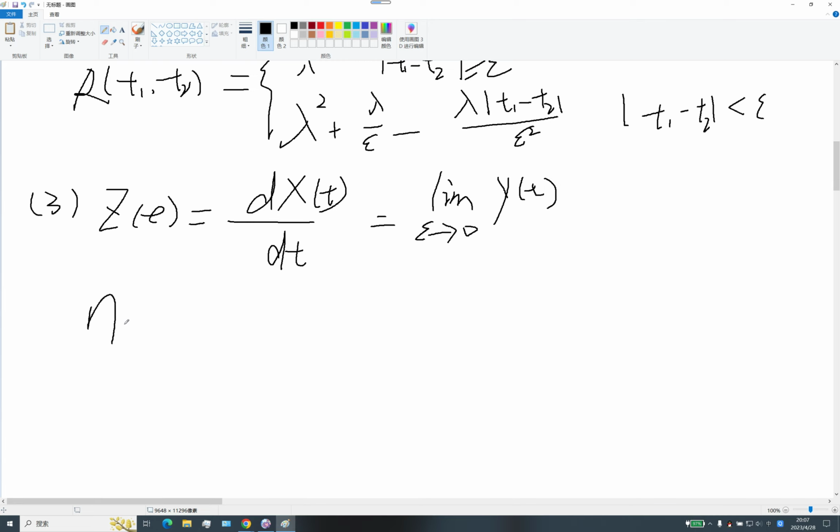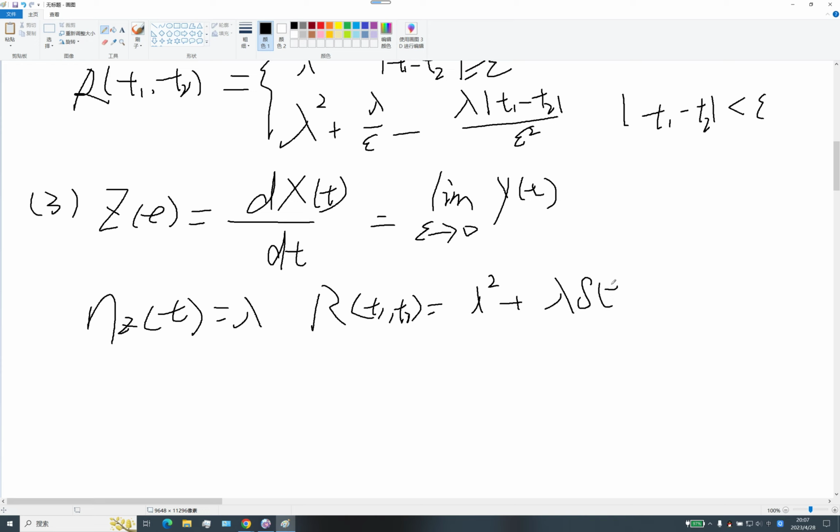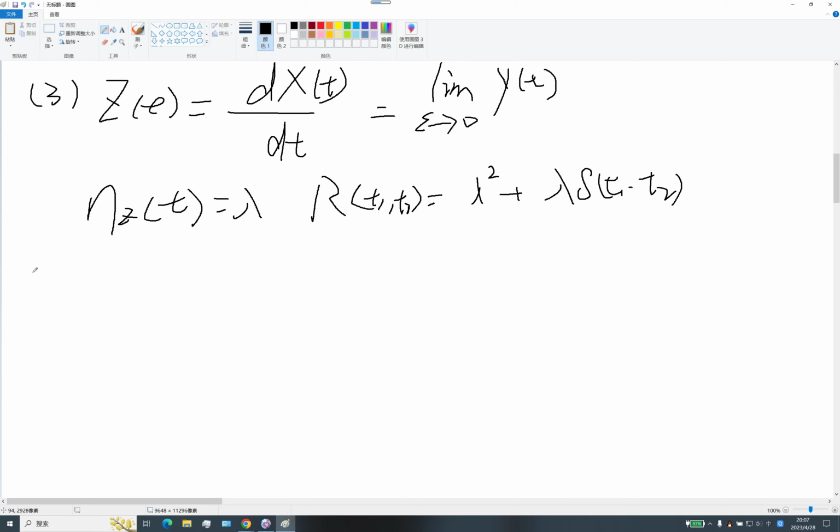And the average is equal to λ, and the autocorrelation R(t1, t2) is equal to λ² plus λ δ(t1 minus t2). So this is the Poisson impulse. It's a derivative of the Poisson process.